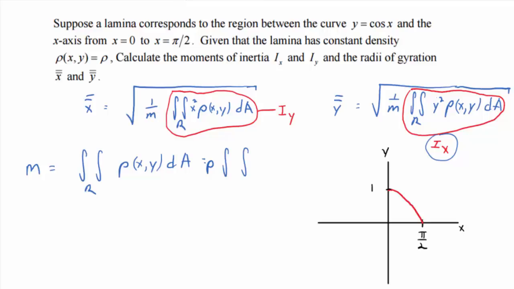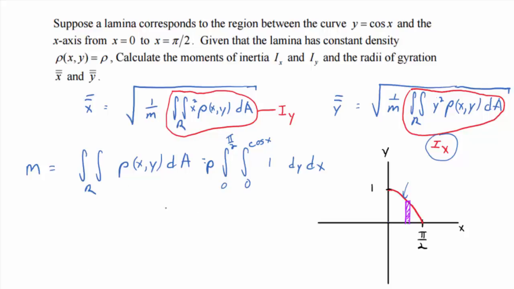If you use the standard vertical rectangle to help you set up the integral, that corresponds with the dy dx order of differentials. And of course there's a 1 in here. The limits of integration go from 0 to cosine x, and then x goes from 0 to pi halves.